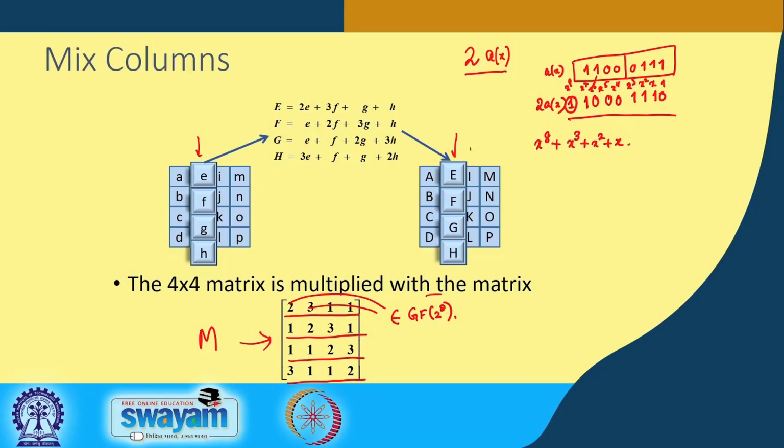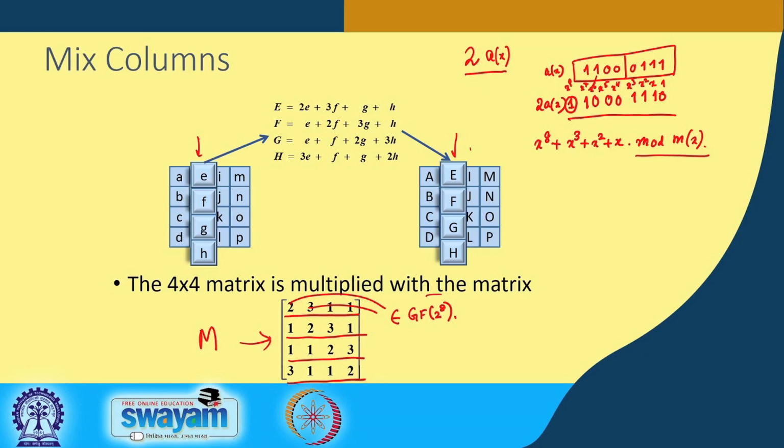Just now we discussed how you bring it back to the field. You basically do a modulo with m(x). If you do a modulo with m(x), then this result will be back in the field.